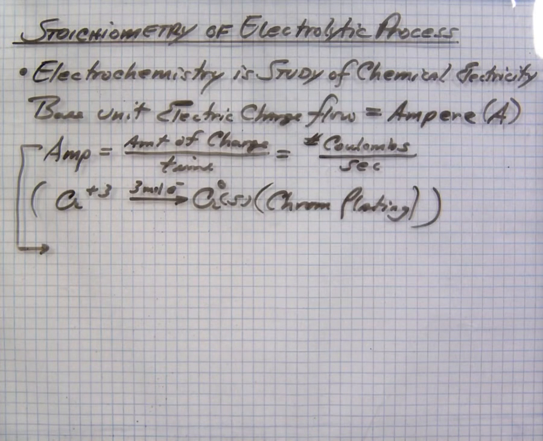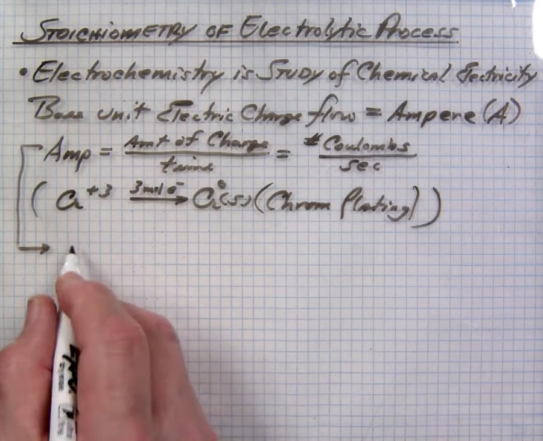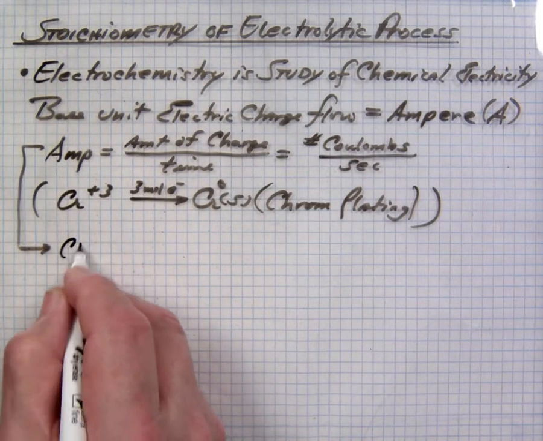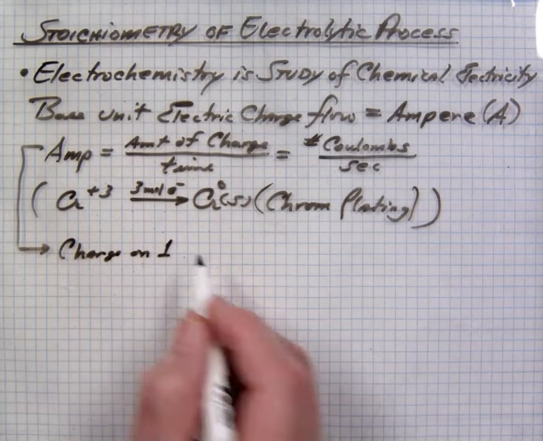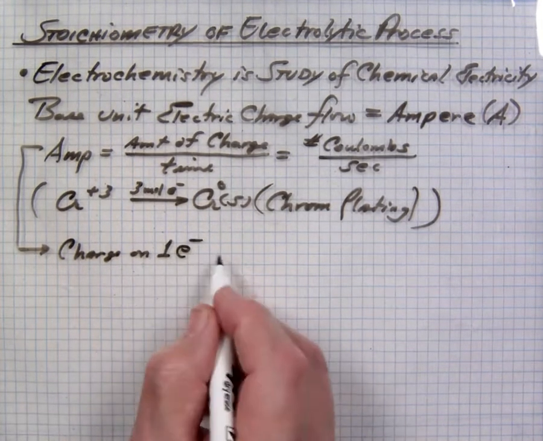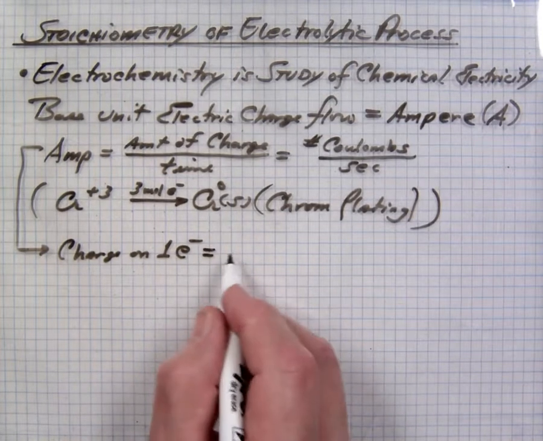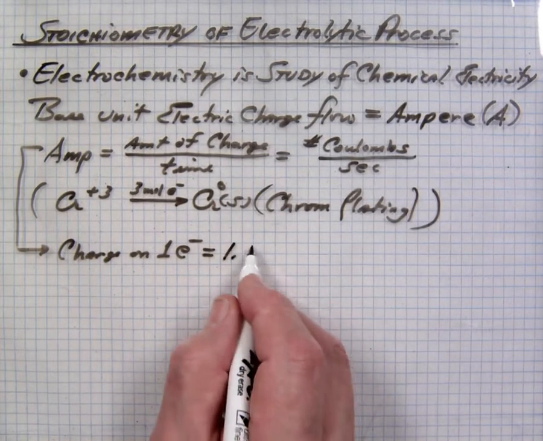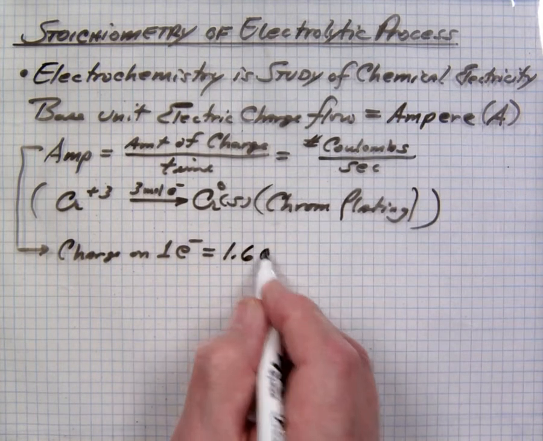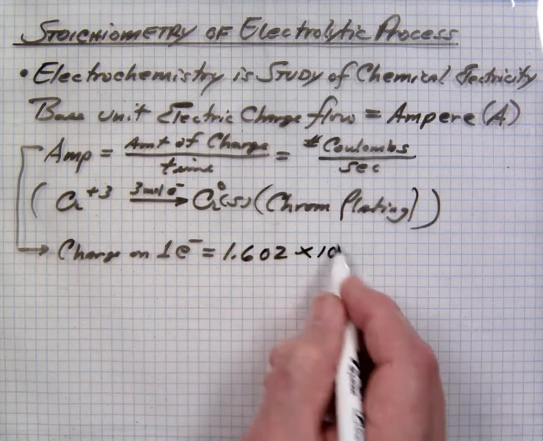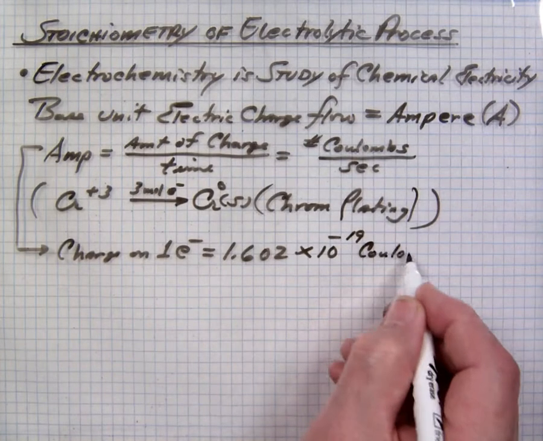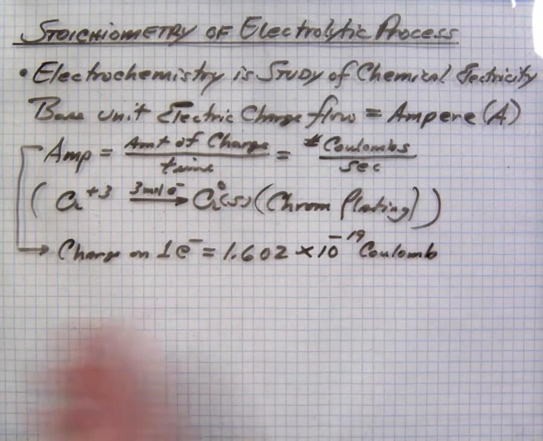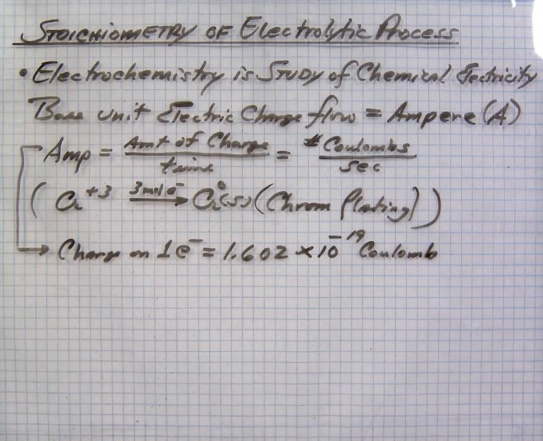Well, it turns out from reference that the charge on 1 electron has been determined to be 1.602 times 10 to the minus 19th of a coulomb. So what would be the total coulombs on 1 mole of electrons?